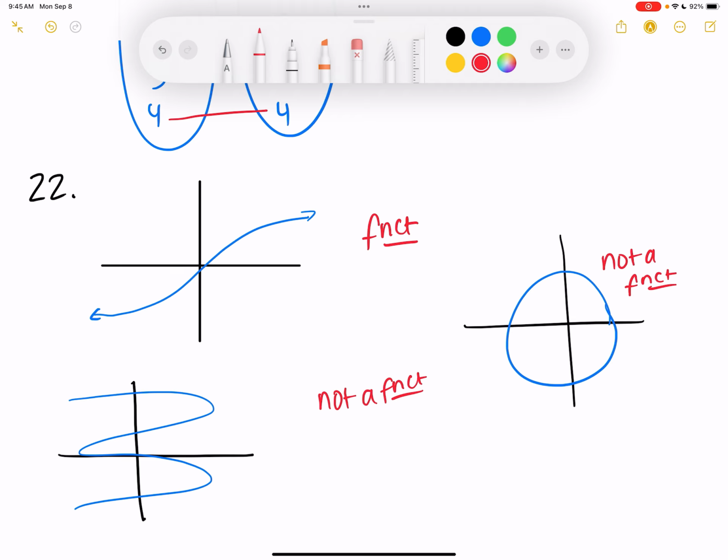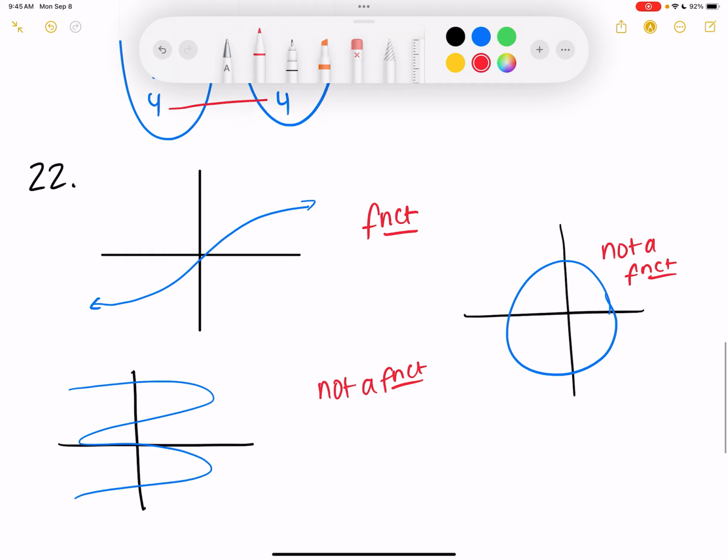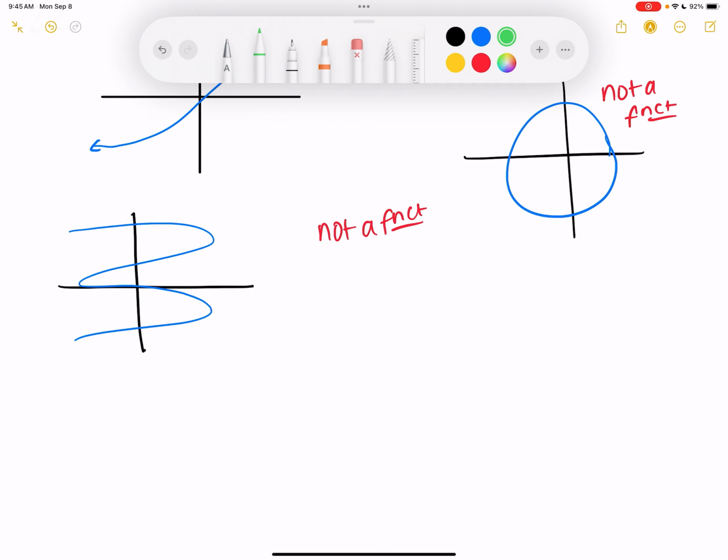So, what form does a line take on? Straight line. What is the equation of a line? y equals mx plus b. Now, b can be 0, so I could just have y equals x, and that's a line, right?